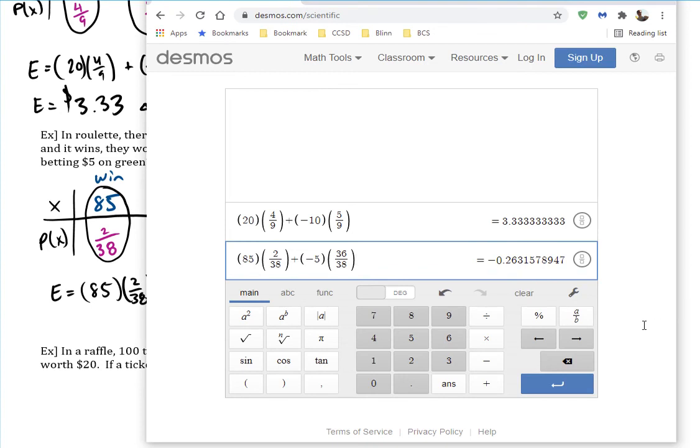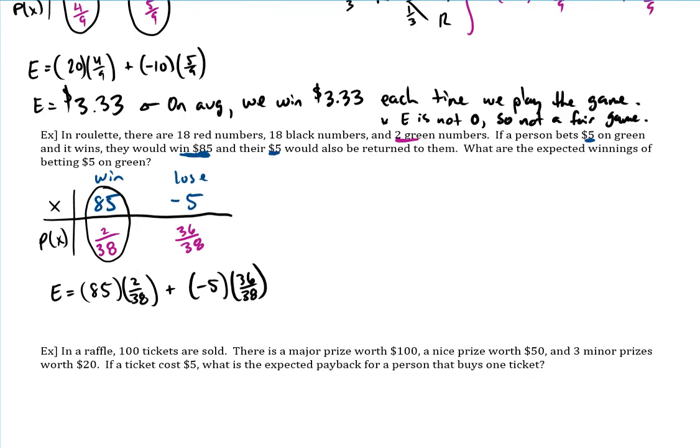Okay, so because it's a dollar amount, we would round to the nearest cent. So it would be negative 26 cents, or negative $0.26. Okay, so this is negative 0.26, which means, in words, this negative means we're losing money.